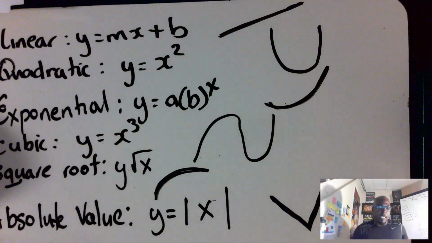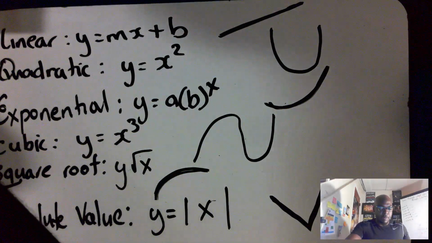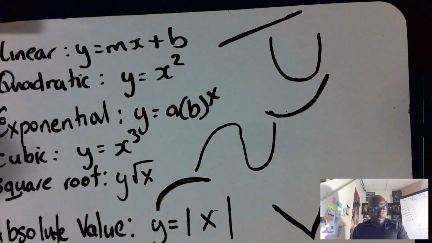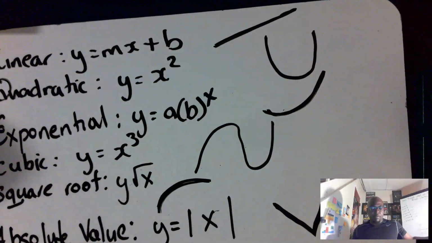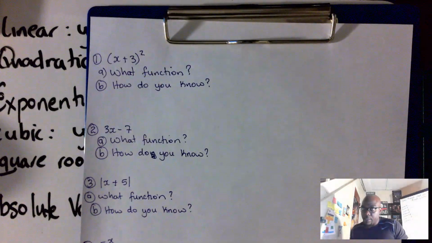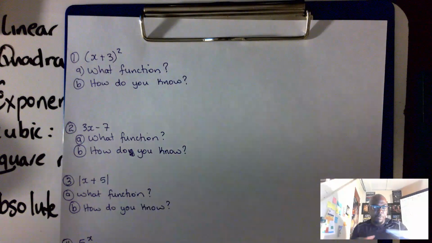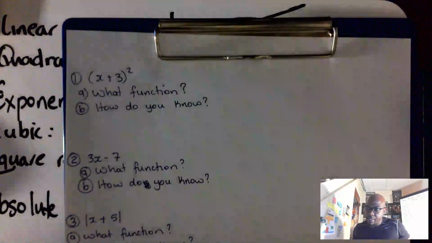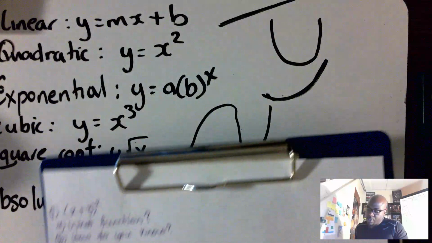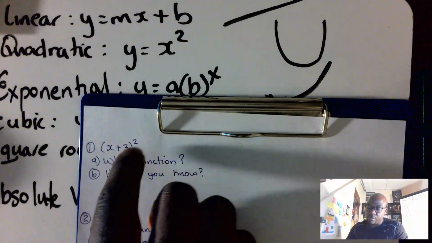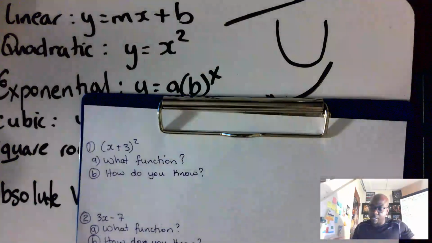So let's look at some examples of this, and see if we're able to identify the different functions. On the first one, the question is I have x plus 3 raised to the 2. What's happening here?